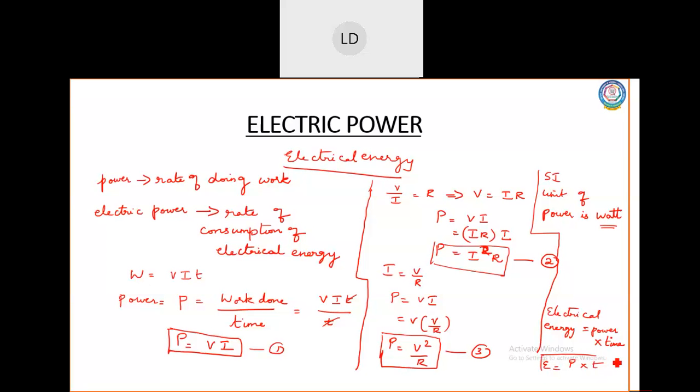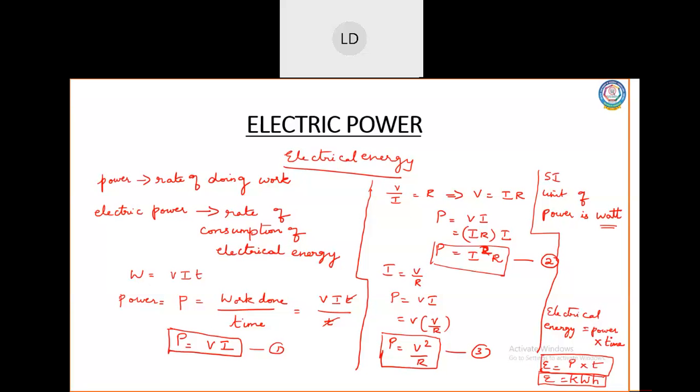So now here I told you power is measured in terms of kilowatt. So kilowatt hour is the commercial unit of electrical energy. Now this you can see in your electricity meter board. There is a green color meter board in your house.